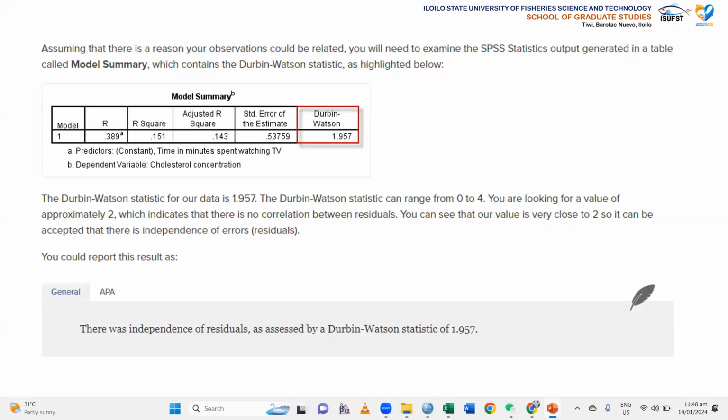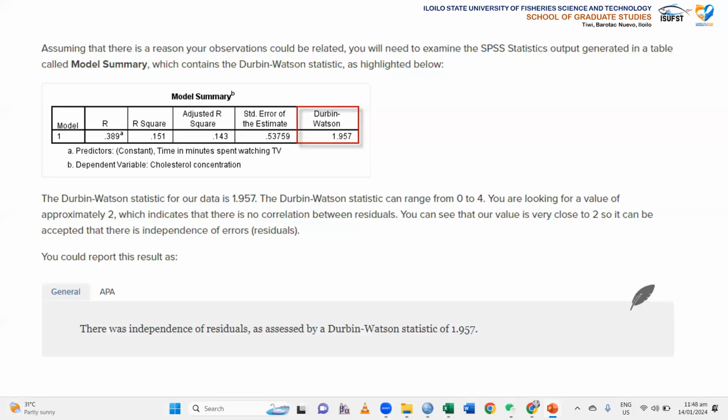But if ever you would like to make sense of the Durbin-Watson, it says here, for example, if the Durbin-Watson coefficient is 1.957, the Durbin-Watson statistics can range from 0 to 4. You are looking for a value of approximately 2.